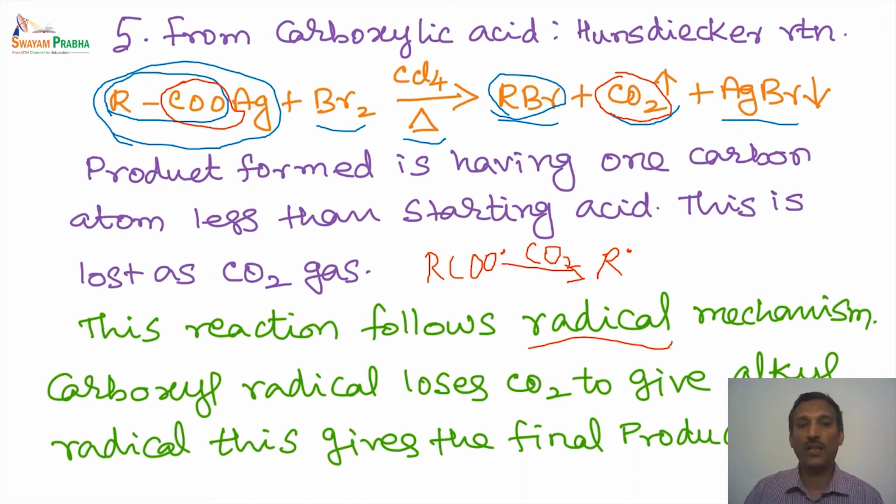So this reaction does not necessarily give a 100% yield of our required alkyl bromide, but it may also be contaminated with some amount of the dimer, where the R group undergoes dimerization. So 2 R dot combine together to give RR.